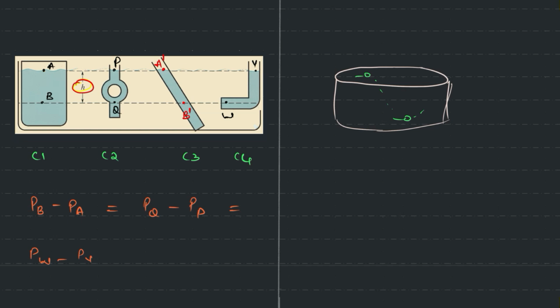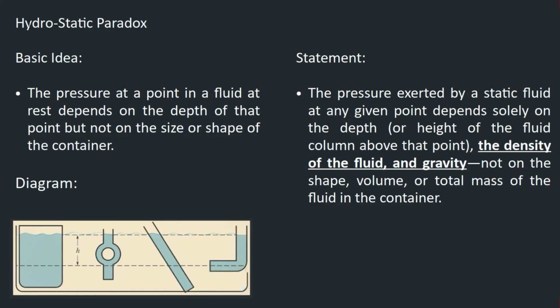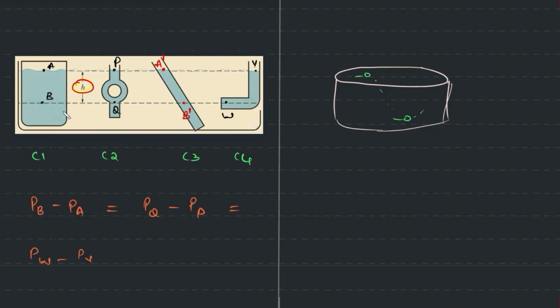Okay, so this is given a special name, and this is your hydrostatic paradox. Hydro has to do with fluid, static is stationary. Paradox is this weird scenario we are looking at. If we ask a small kid, intuitively they'll say that because container 1 has more water in it, the pressure will be more over here. But it's not the case.